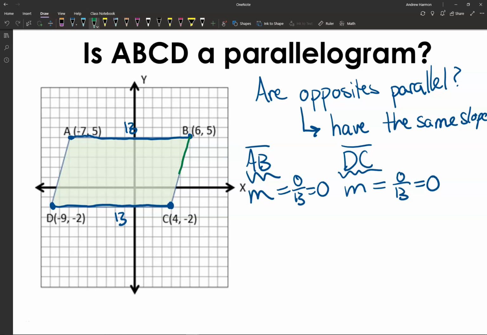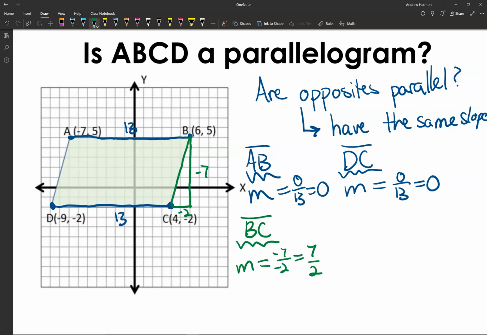So if we look at BC, what is its slope? So rise would be 1, 2, 3, 4, 5, 6, 7. So we went down 7 and left 1, 2. That's negative 7 over negative 2. When you have two negatives, that simplifies to 7 over 2.